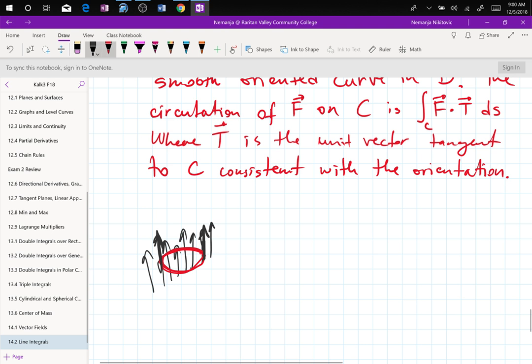However, if I have a circular path C and then some kind of vector field that maybe looks like that, well, in this case you see that it's trying to spin it counterclockwise.